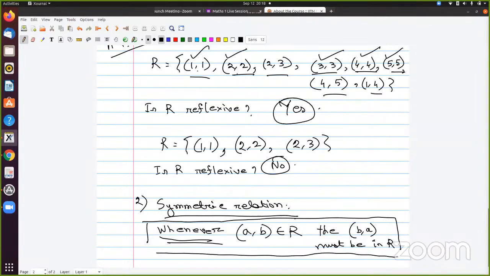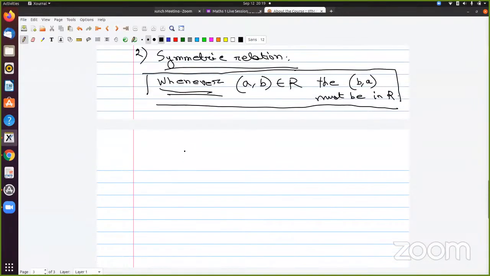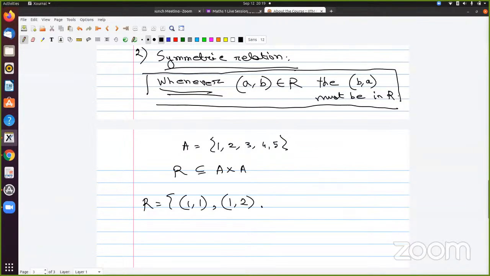Suppose I take an example again in the same A cross A. So A was 1, 2, 3, 4, 5. R is a subset of A cross A. Now what R am I taking? Suppose 1 comma 1, 1 comma 2, 2 comma 1, 3 comma 3, 4 comma 3.